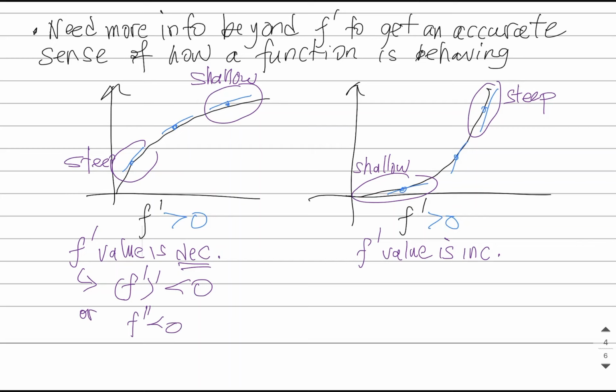When a function, any function, is increasing, that means the derivative of that function has to be positive. Well, we know the derivative of a derivative is the second derivative. So what we've got here, just from a simple observation, is that the second derivative tells us something more.